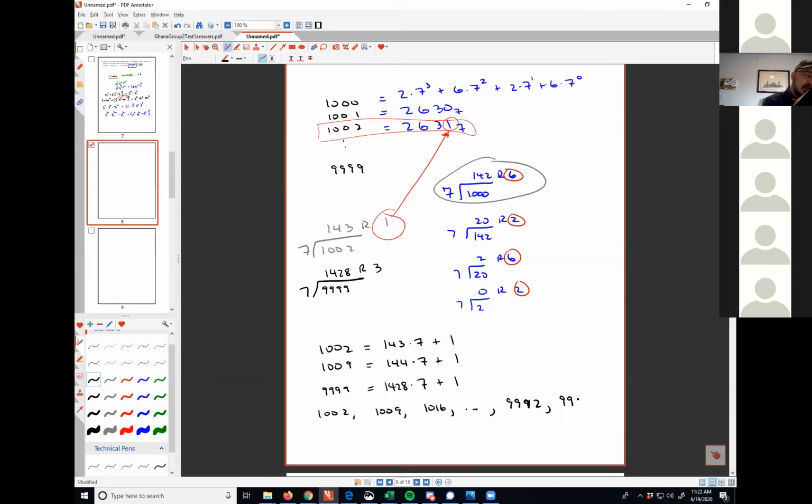Oh, wait a minute. That was a 7, not a 9. And now we can divide each term in this list by 7, and we get 143, 144, 145, up to 1427, 1428.